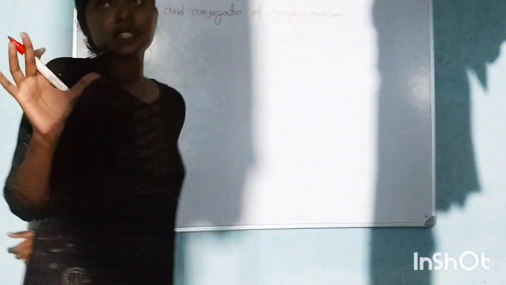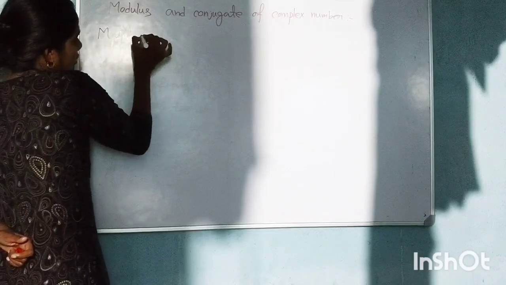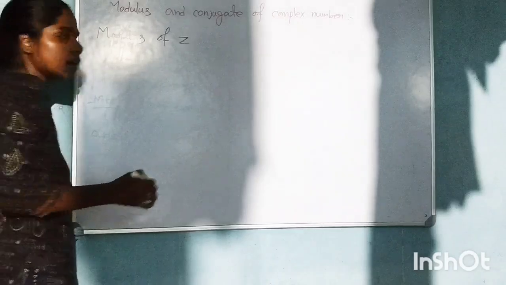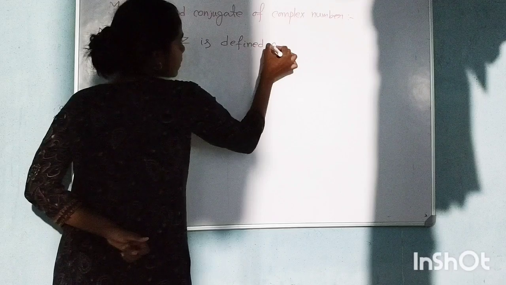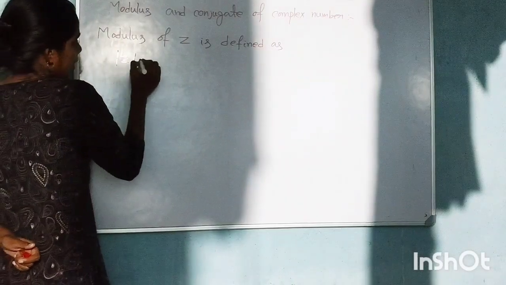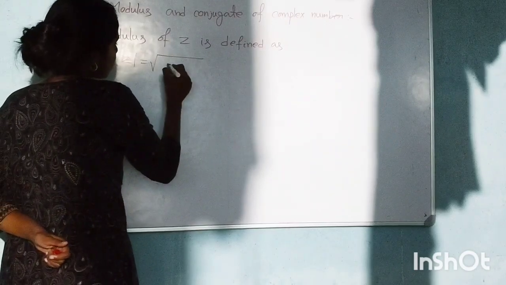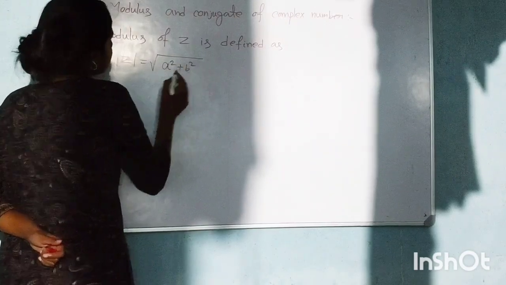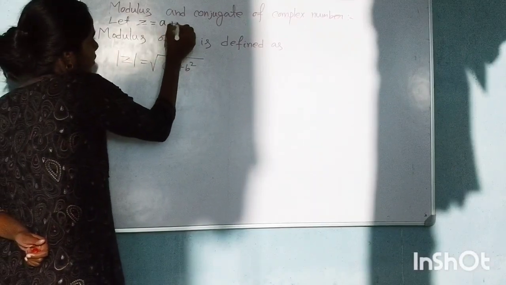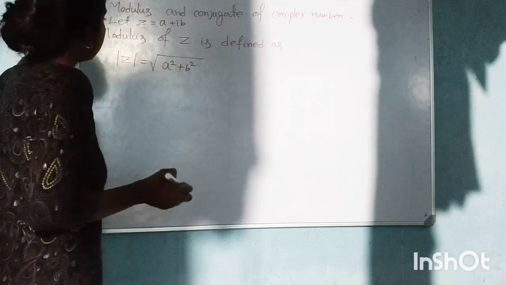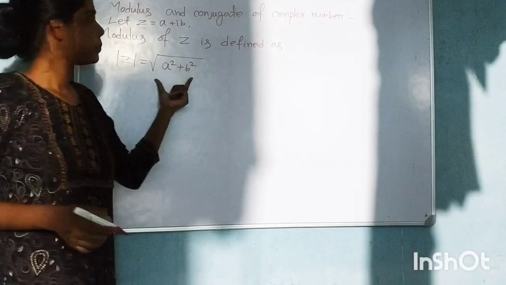Here the modulus of z is defined as mod z equal to root over a square plus b square. So write, let z equal to a plus ib. The modulus of z is defined as root over a square plus b square.